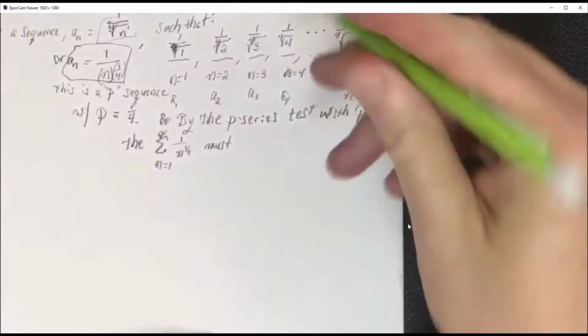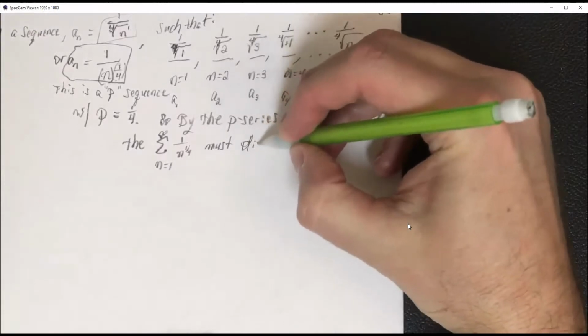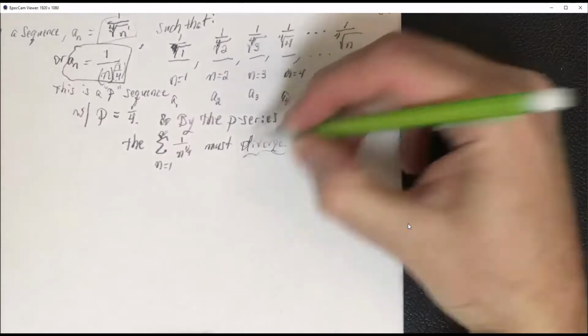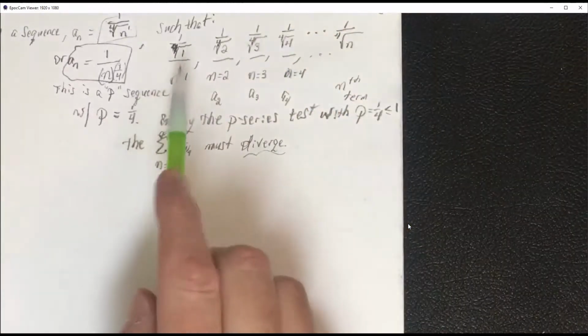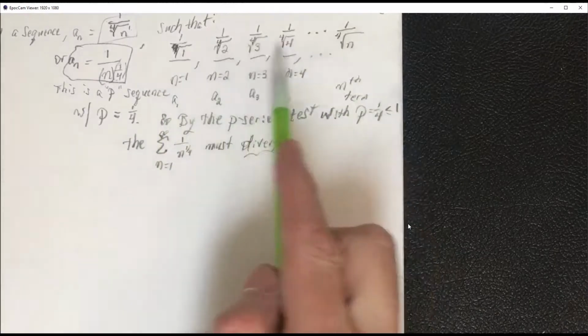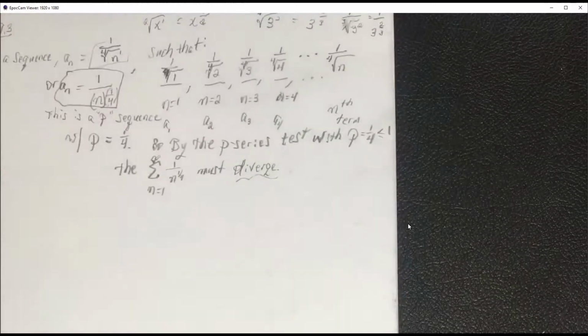And it must diverge. Which means, in this case, for a series, since these terms are all positive, when you add them up forever and they diverge, they must be continually getting bigger and bigger.